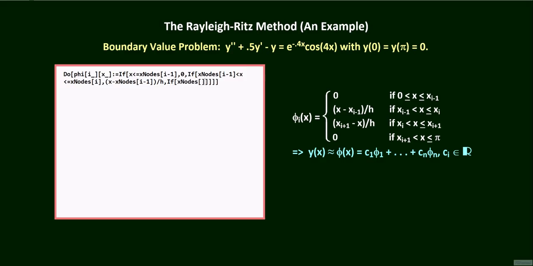And if x node sub i is less than x, which is less than or equal to x node sub i plus 1, then phi sub i of x is the quantity x node sub i plus 1 minus x, over h. For all other values of x, phi sub i of x is 0.